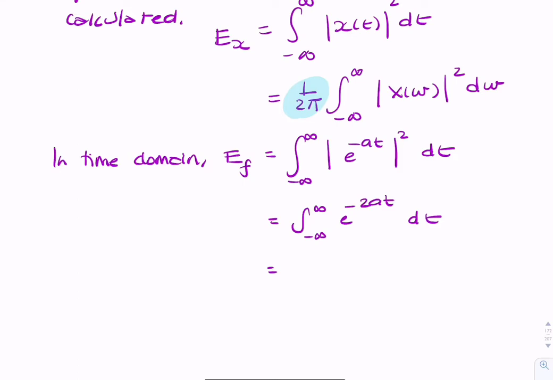And that gives you 1 over 2a. So that's the energy in the time domain.